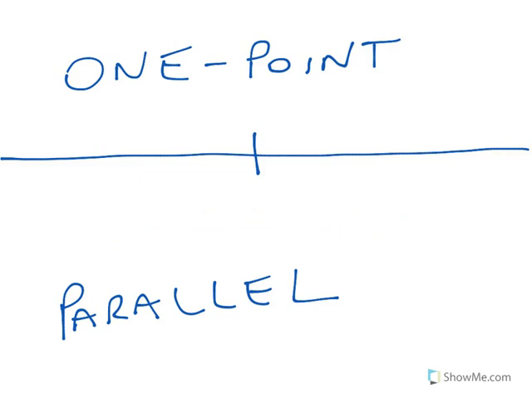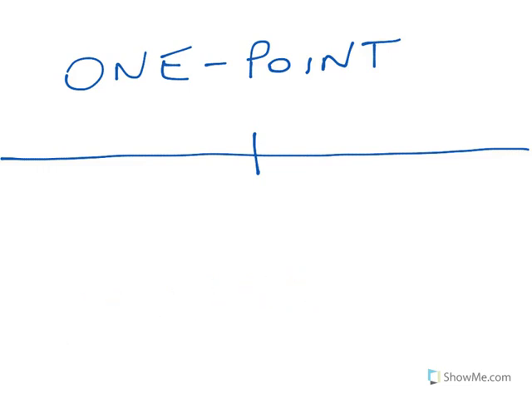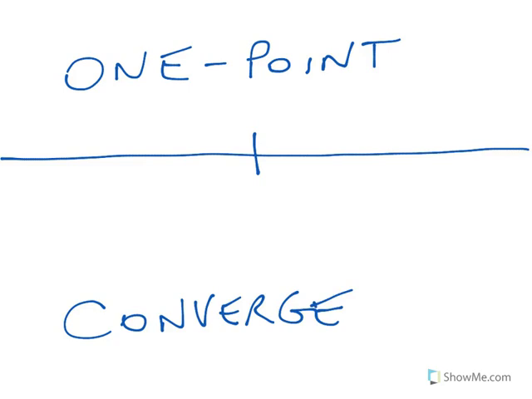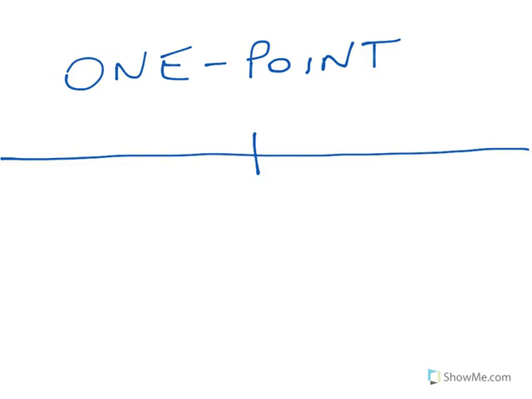But when we're drawing them using linear perspective, the lines will actually appear to come together or converge. Converge means come together. And they will appear to converge and disappear at the vanishing point.